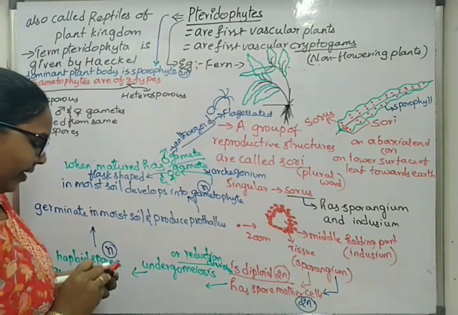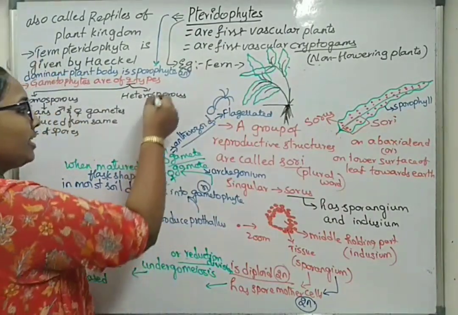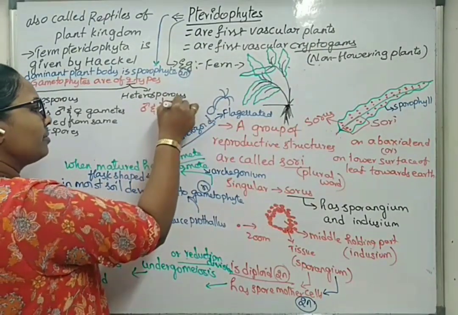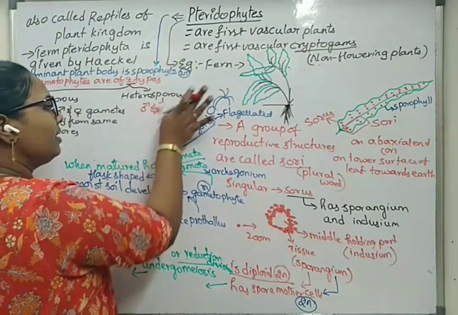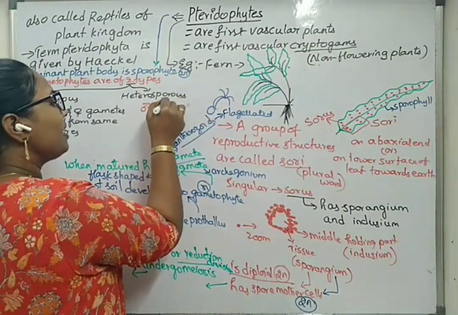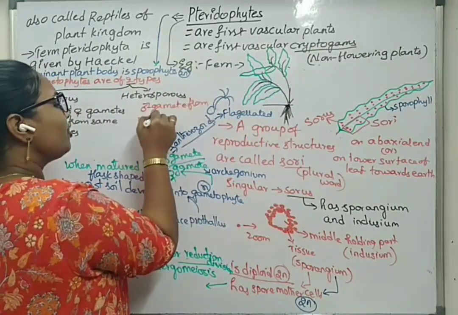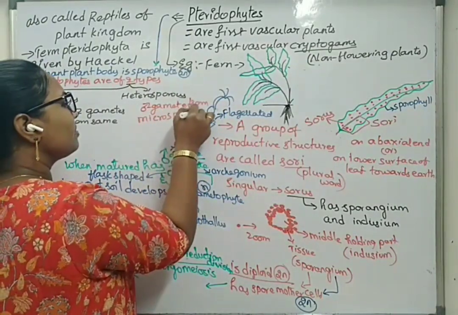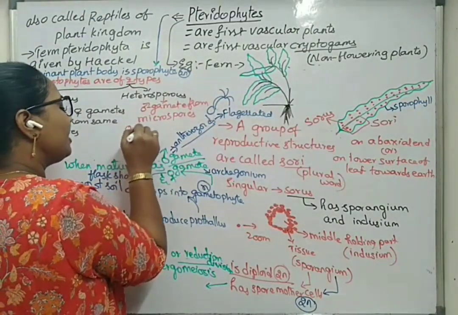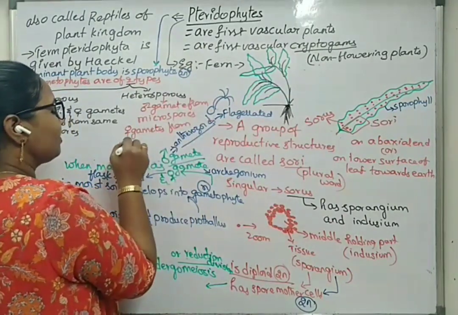But in heterosporous, male and female gametes are produced from different types of spores. Male gametes are produced from microspores, and female gametes are produced from megaspores.